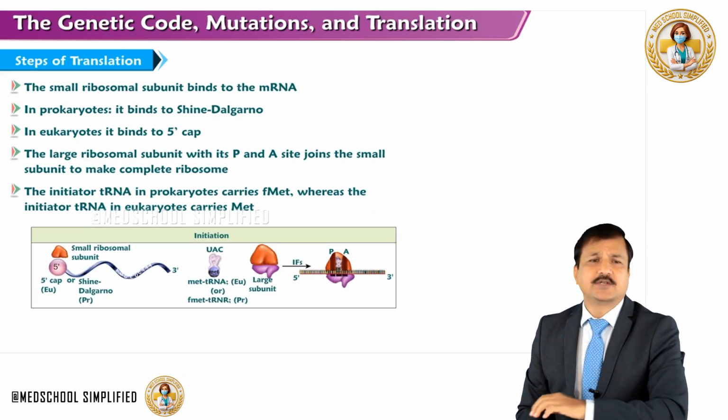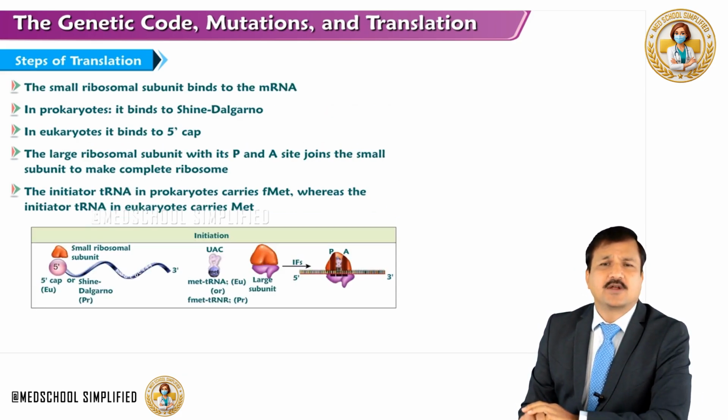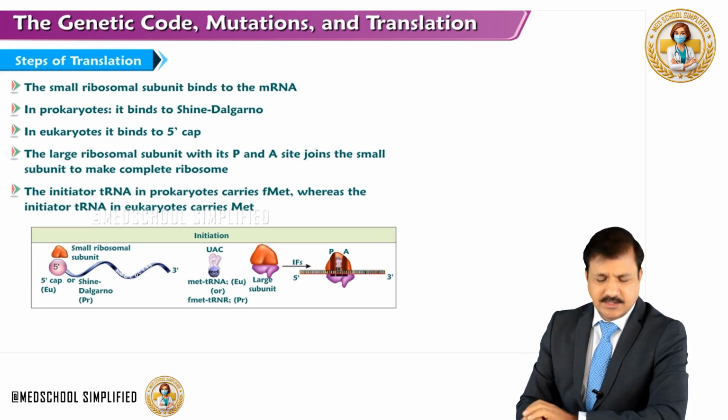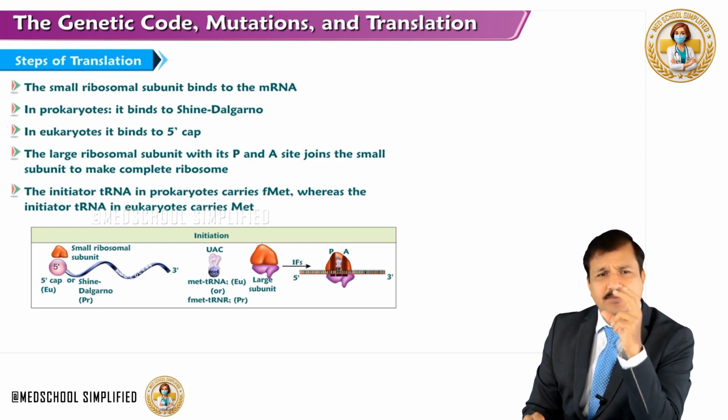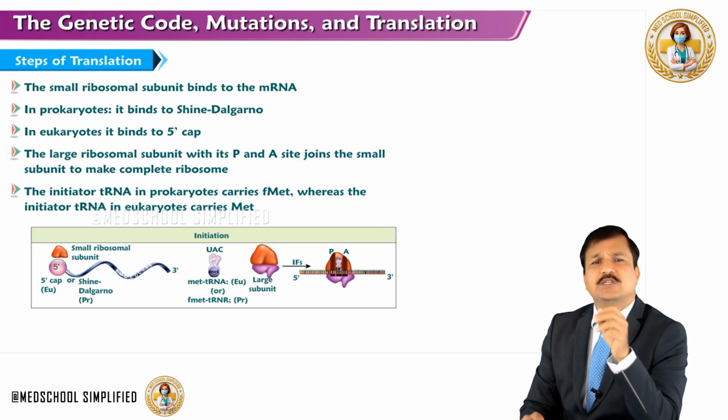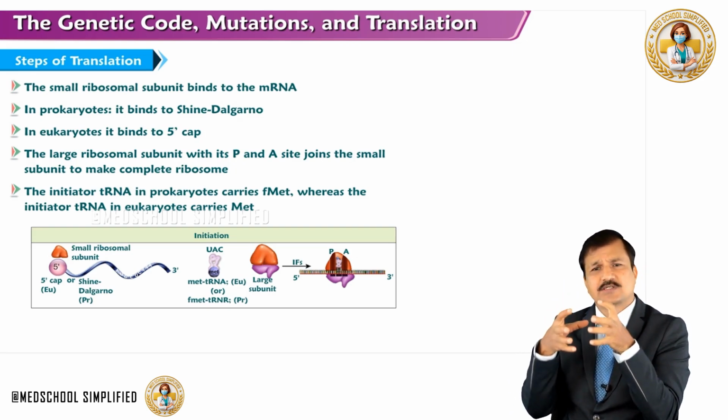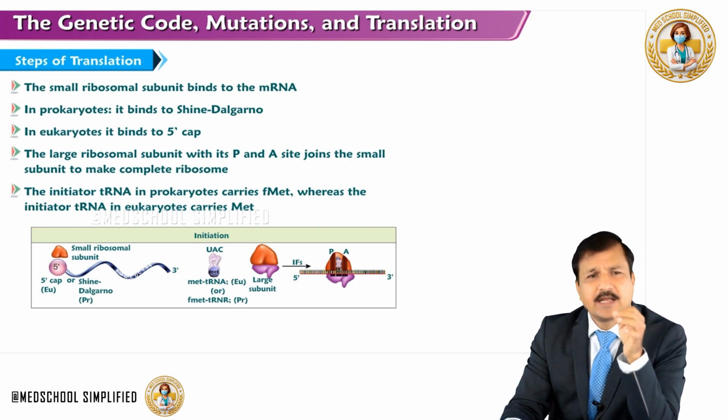Now, let's look into the details of the initiation stage of protein synthesis. As shown in the figure down here, the small ribosomal subunit binds to the mRNA. In prokaryotes, the 16S ribosomal RNA of the small subunit binds to the Shine-Dalgarno sequence in the 5' untranslated region of the mRNA.